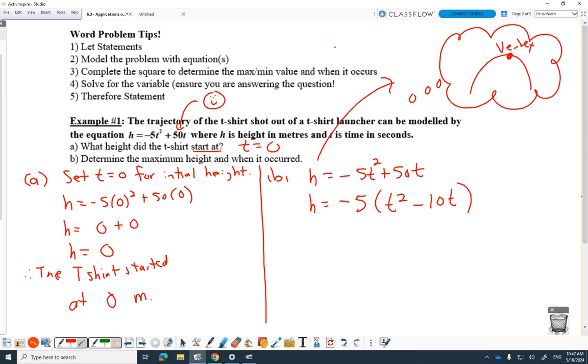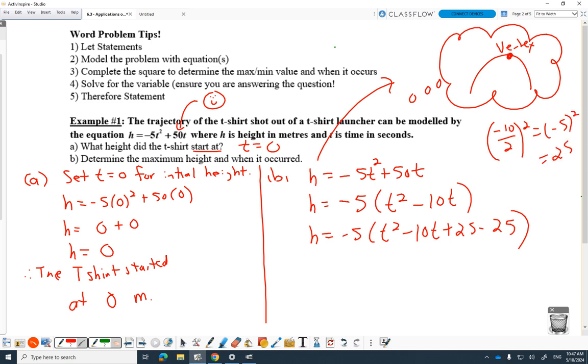Now you go back and do what you already know how to do. b over 2 squared, what's -10 divided by 2? -5. Square it. Squared, yeah, 25. Add and subtract that number. -10 divided by 2 squared.